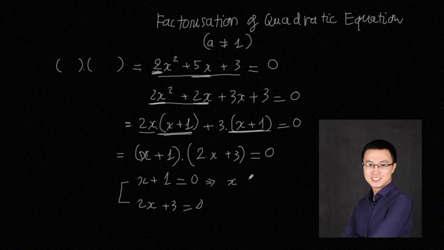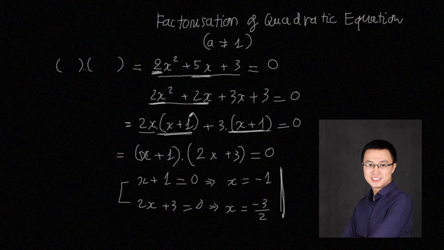So the first option gives x equal to minus 1, and the second gives minus 3 divided by 2. So here we use factorization to solve the quadratic equation.